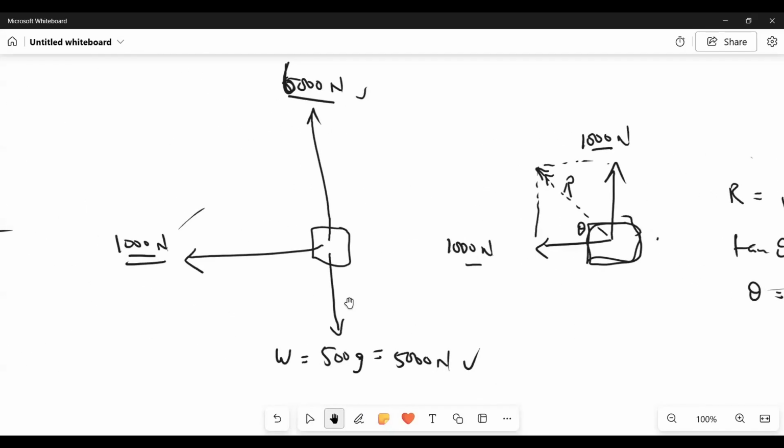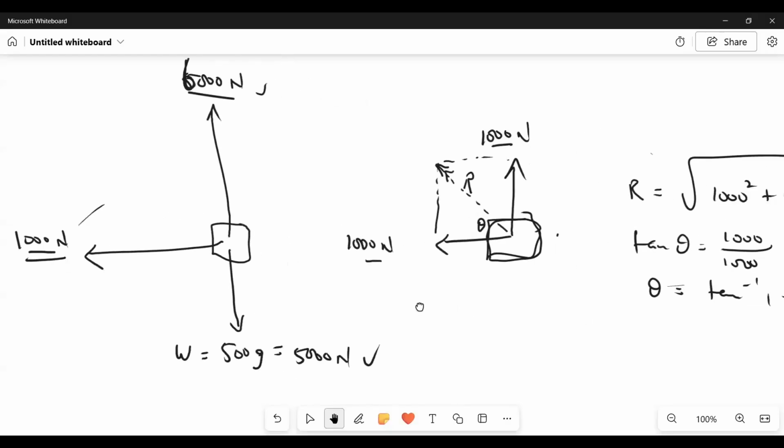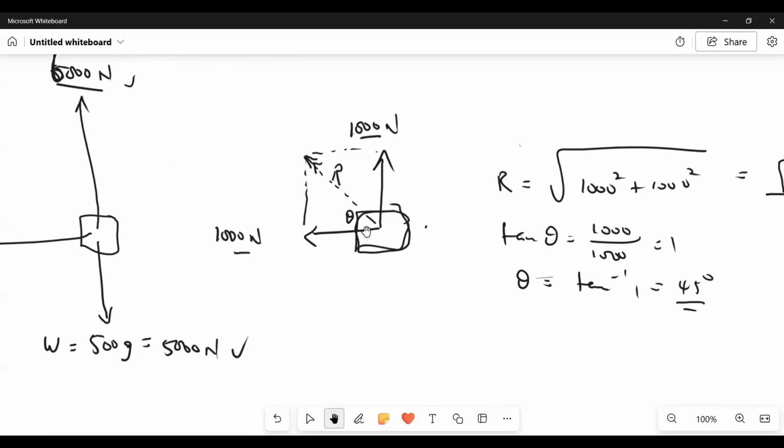Let's go back. The weight is acting down. There's a cable lifting the thing up, and there's a cable pulling it this way. The resultant is what we calculated here. How we got 1,000 acting up is that we subtracted this 5,000 going down from the 6,000 going up, and we get a resultant of 1,000 newtons pulling up.